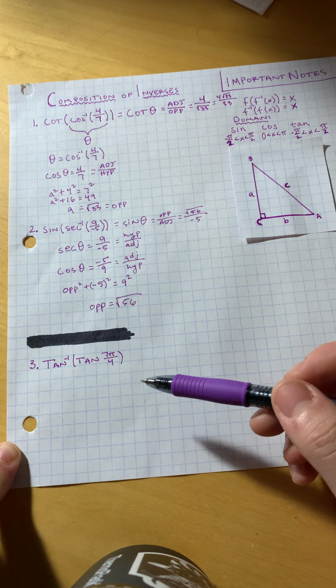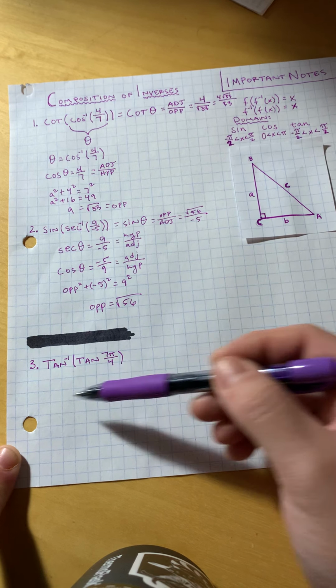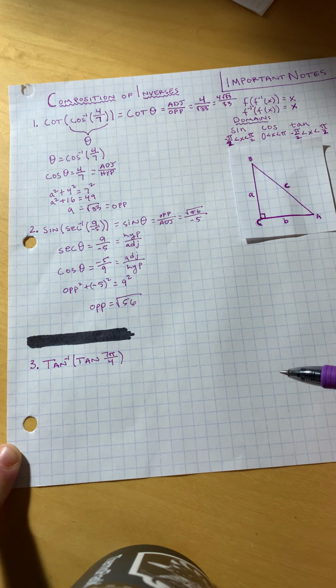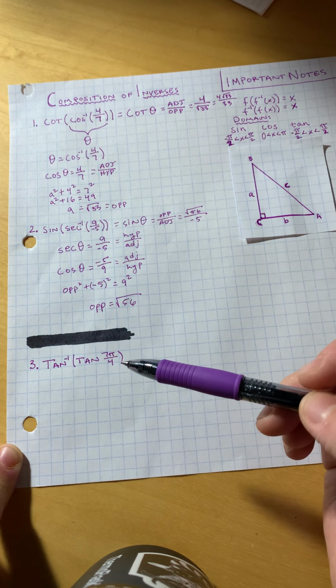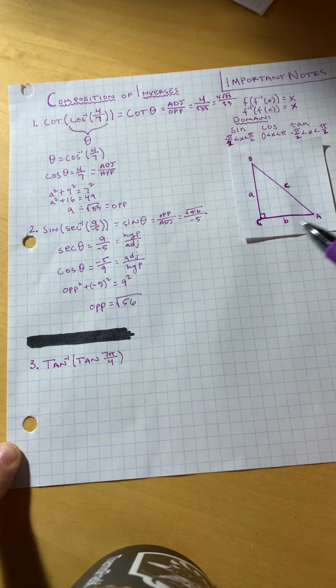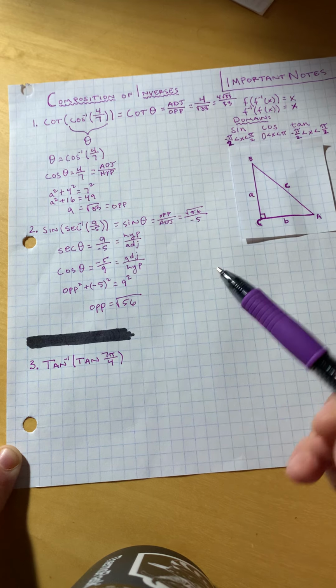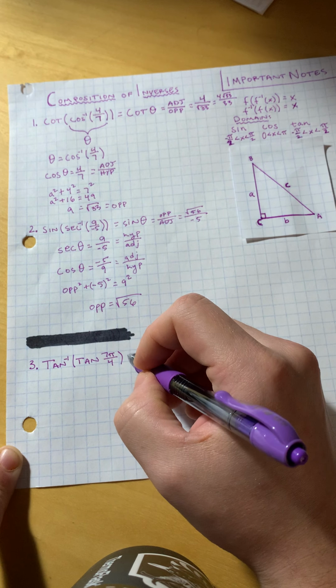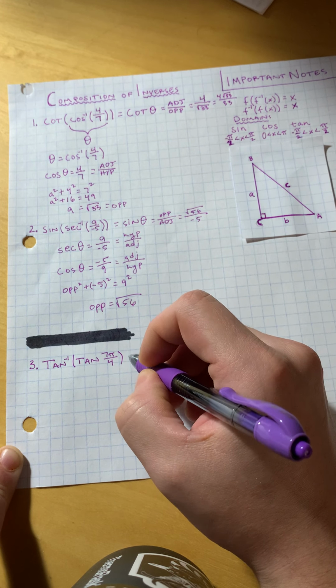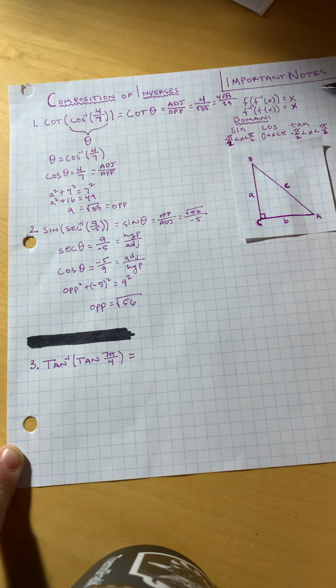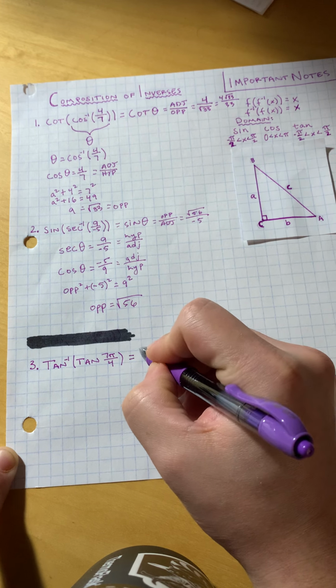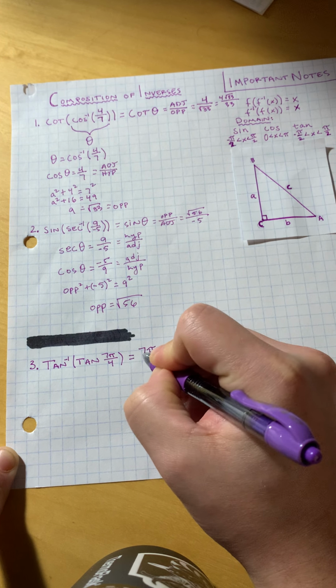Down here, we look at this seemingly simple equation where we have the arctangent of the tangent of 7 pi over 4. Well, following our law of inverses, it equals 7 pi over 4.